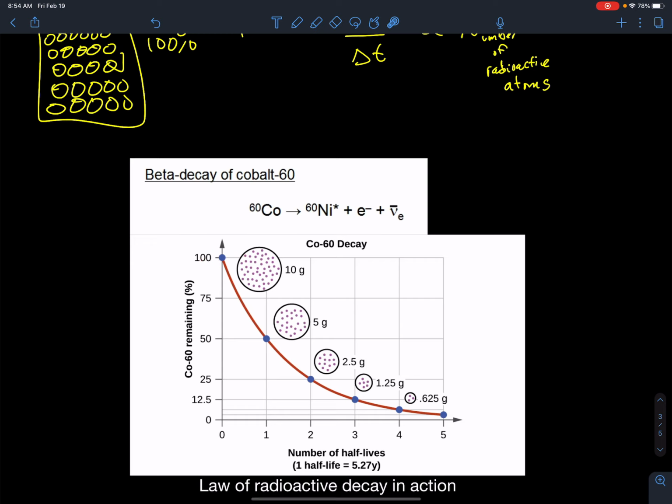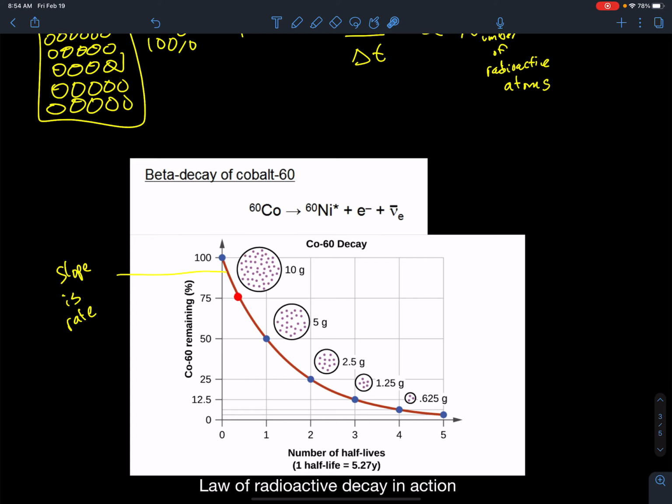And then you'll see the rate depends on the slope, okay? So the slope of that is rate. So if I look here, the slope there is rate. And as those atoms start to decay, the number of those atoms decays, so the mass of radioactive cobalt atoms starts to go down.